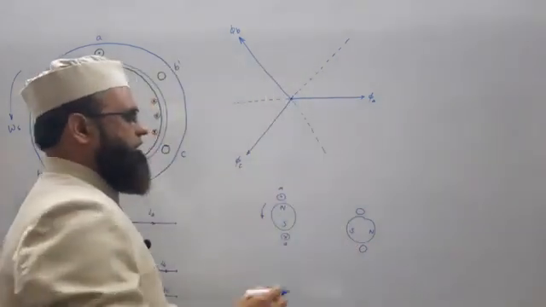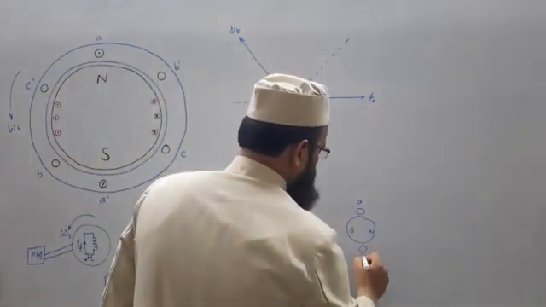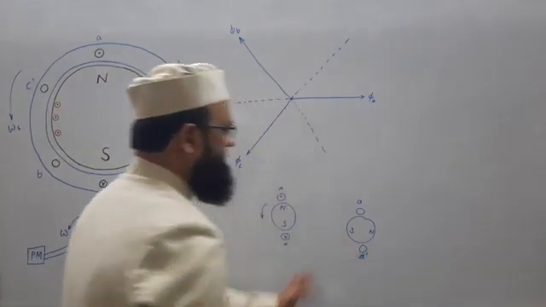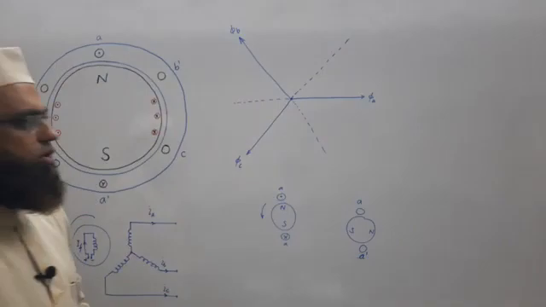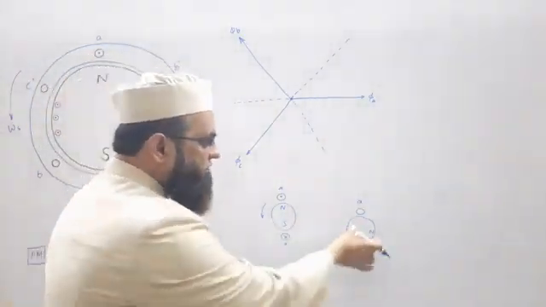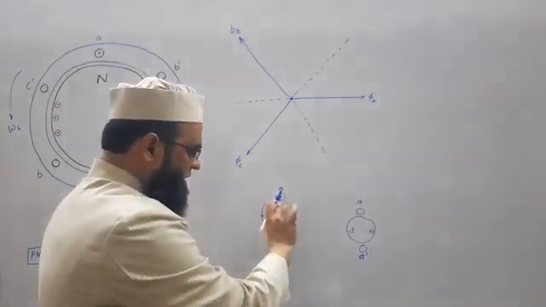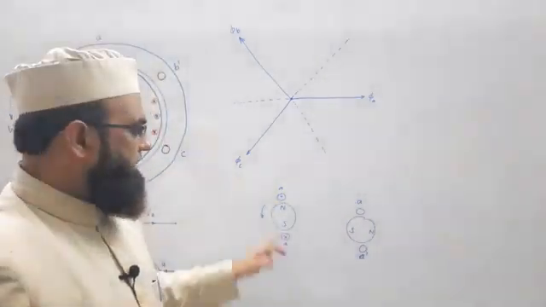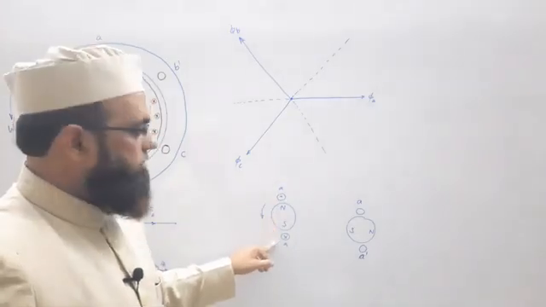So what will be the EMF induced here? A dash. 0, because no flux is being linked in this coil at this moment. Once it is rotated and attained this position, it means maximum flux is linked with these conductors.